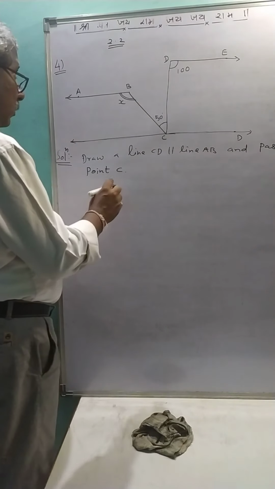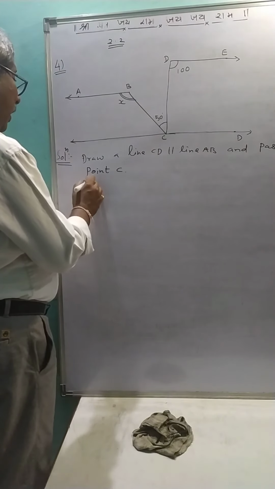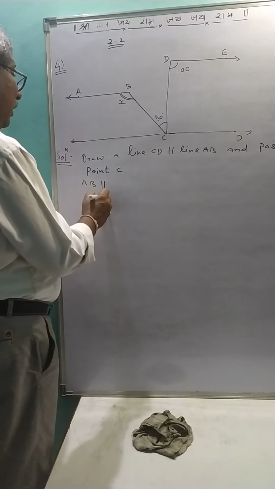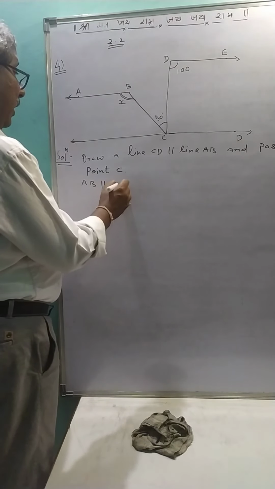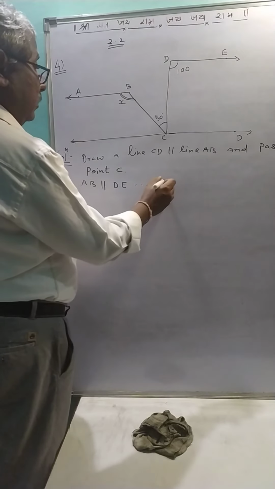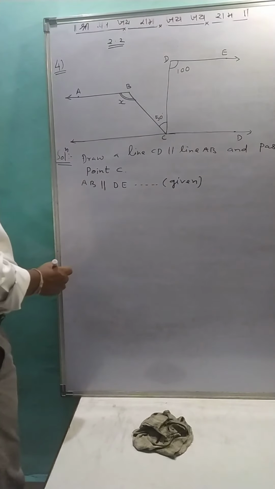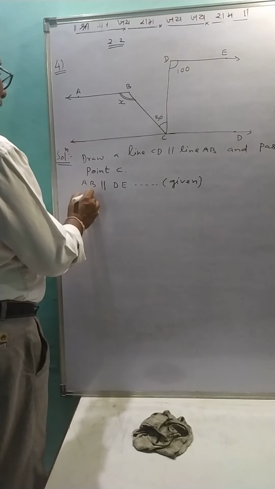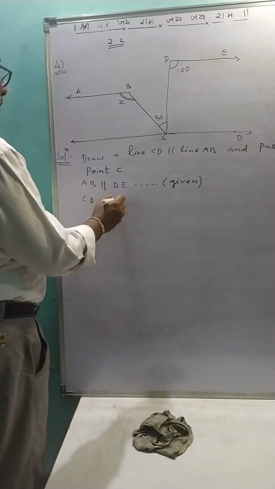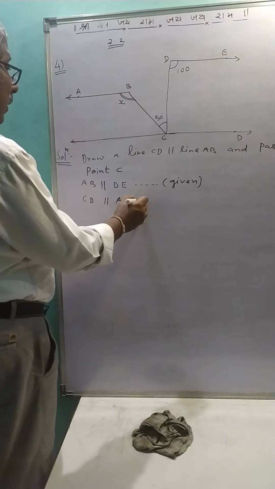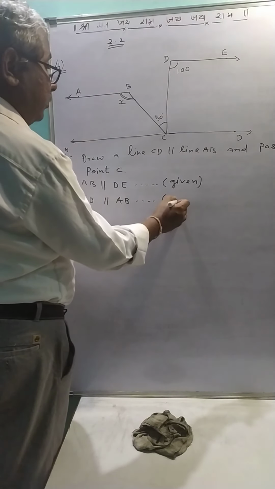Now AB is parallel to DE. This is the given. Now CD is parallel to AB by the construction.